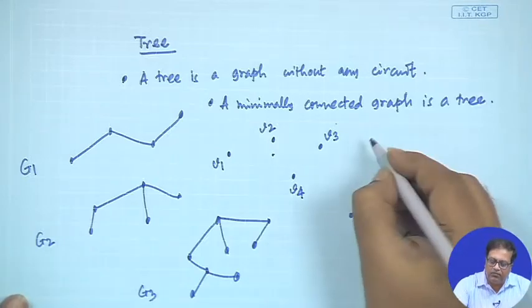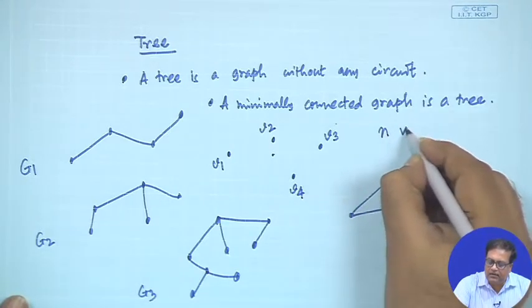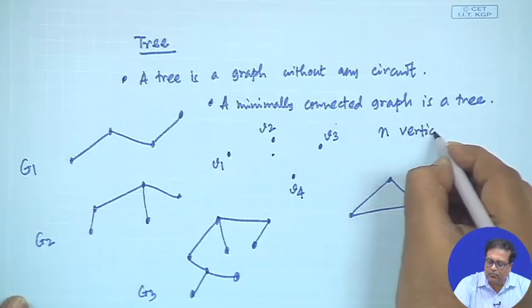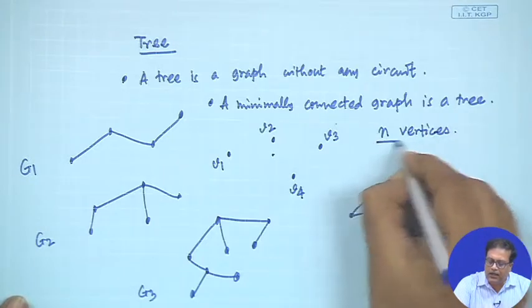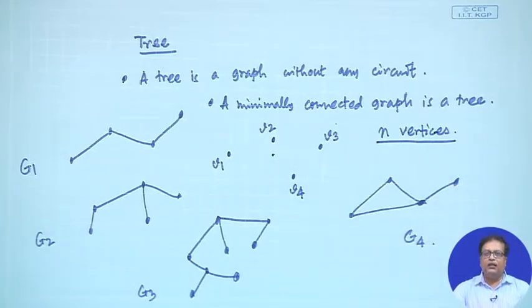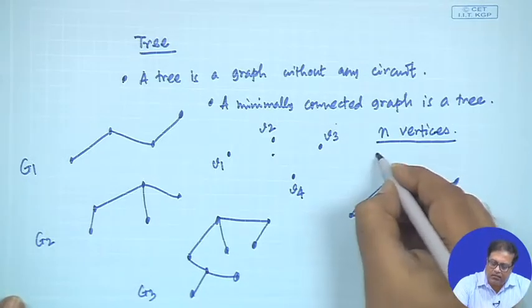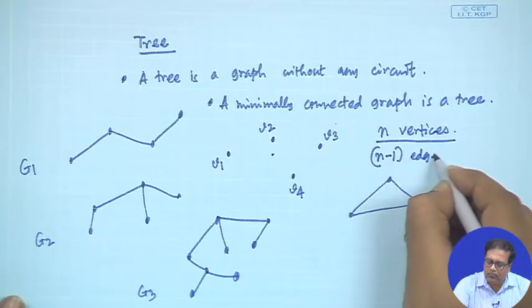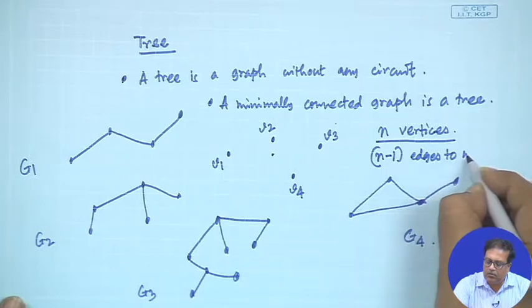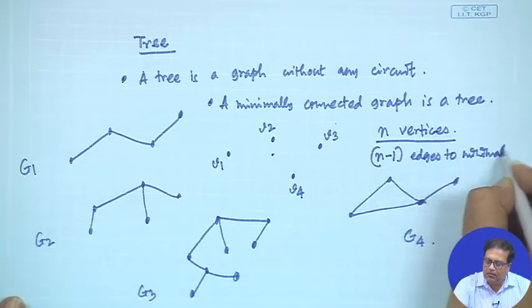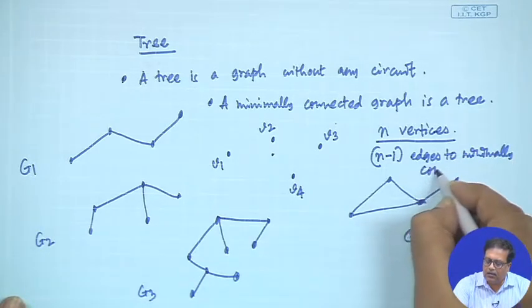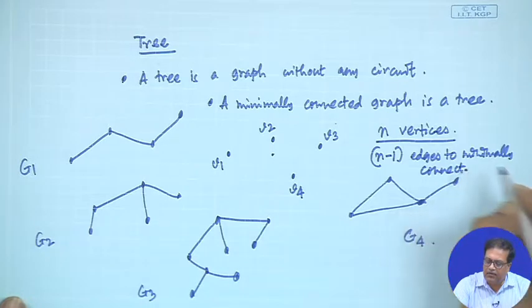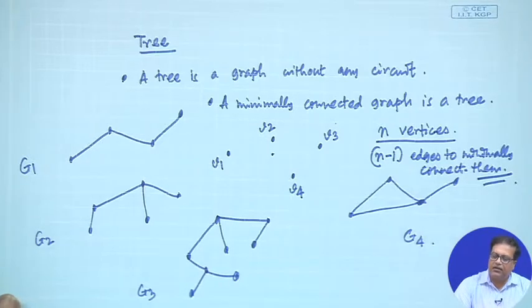Let us say n vertices. How many edges do I require to minimally connect them? We need n minus 1 edges to minimally connect them, so that the resulting graph is a connected graph and not a disconnected graph.